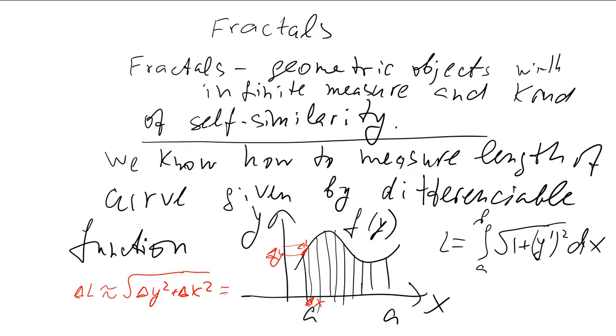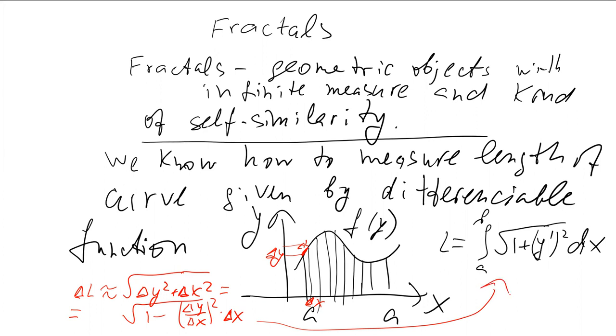And this can be put like square root of 1 plus dy over dx squared times delta x, and this at the end comes to this. When we add up all of them, we get this.